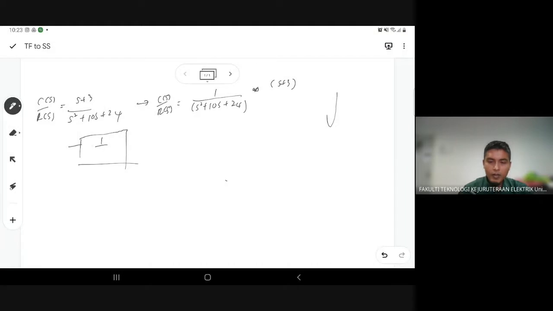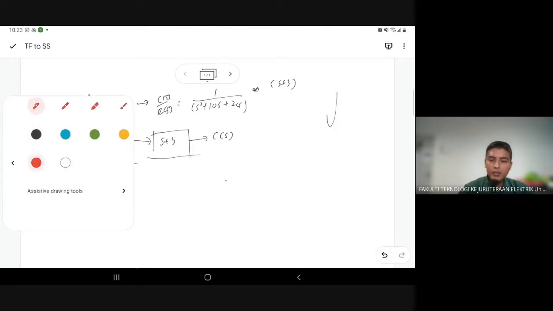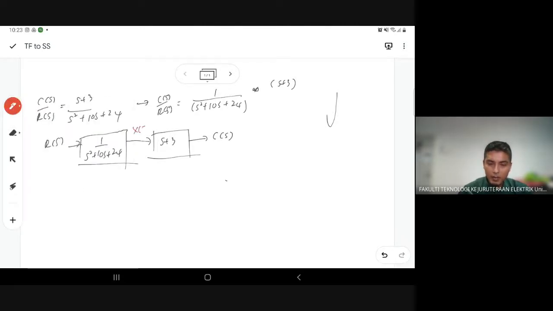1 over s square plus 10s plus 24. This is input, and then this is the numerator part, and this is the output. In this case, you just name the middle parameter here X(s).